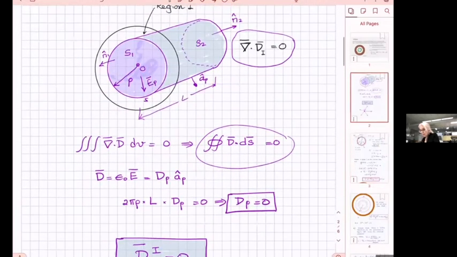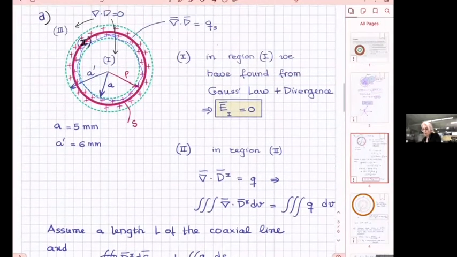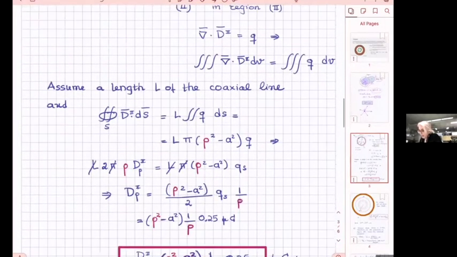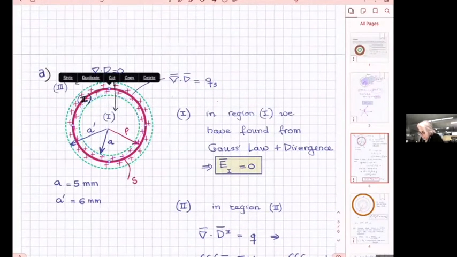So this type of volume, but the charge now is going to be in this ring distributed inside here, that part of the charge, because that's what is enclosed by my surface. So then that charge, rho, is L, the length, times the surface, which is the area of the larger circle minus the area of the smaller circle. You have two circles here, the red one and the green one inside.